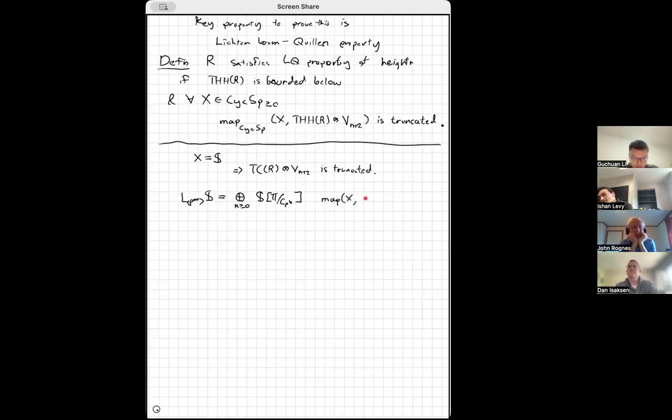Maps from this cyclotomic spectrum to Y, or really to any cyclotomic spectrum, in cyclotomic spectra is called TR of Y. And so what you also learn is that TR of R tensored with a type n+2 complex is truncated.